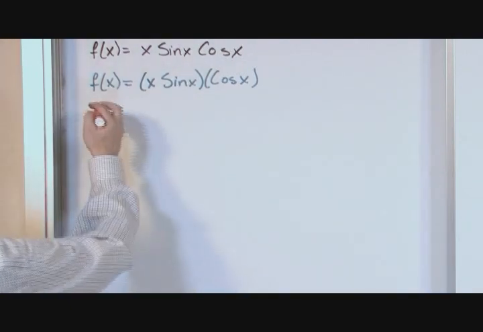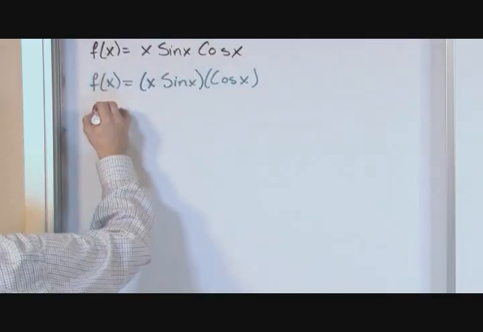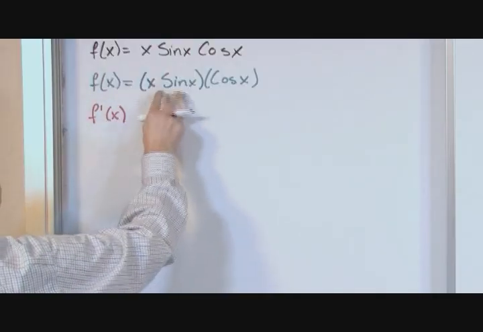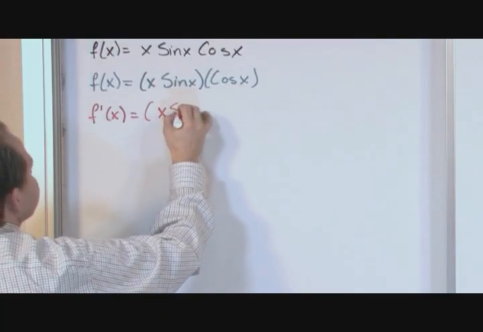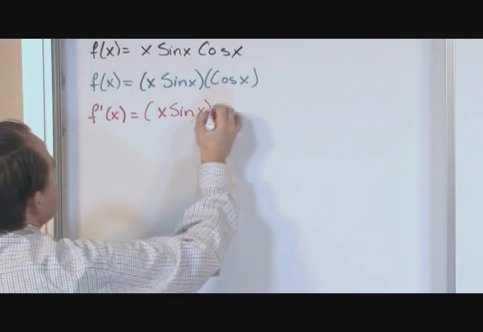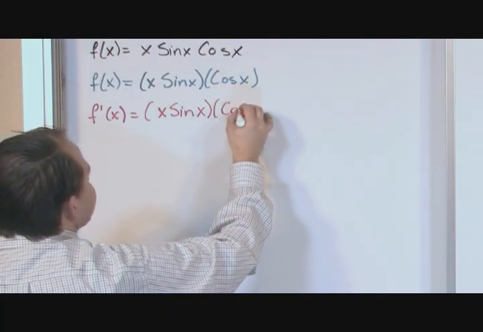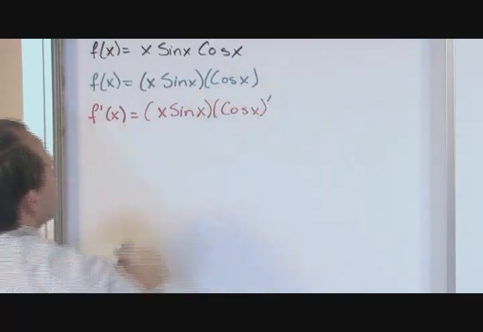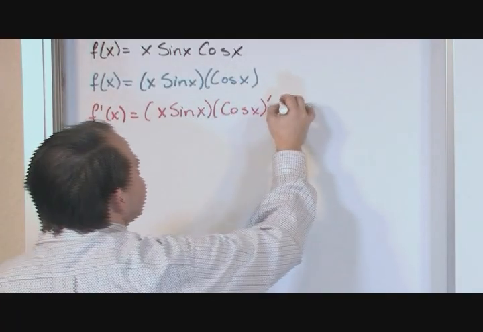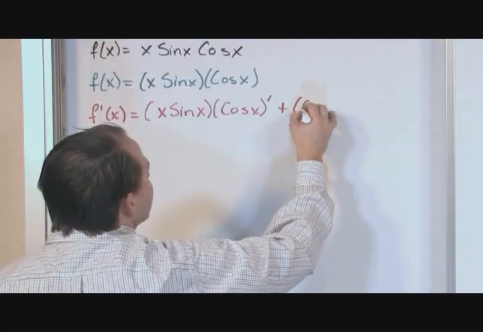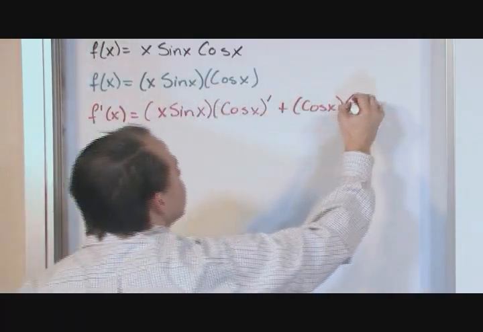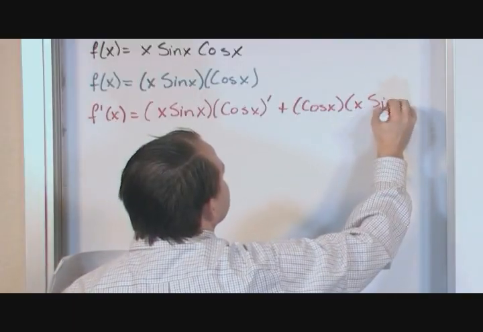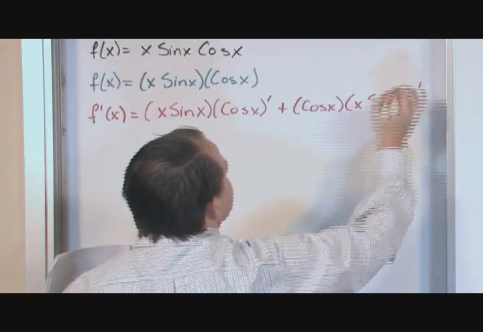So let's take this derivative using this. The derivative will be the first function, which is x times the sine of x, times the derivative of the second function, cosine of x prime, right? Plus the second function, cosine of x, times the derivative of the first function, x times the sine of x, like this.